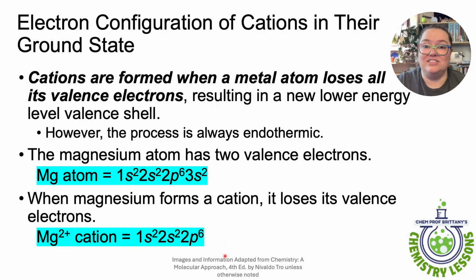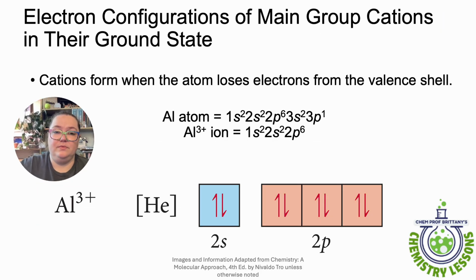Notice our 3s is gone now. All right, so here again, the goal is to get like the nearest noble gas. So for aluminum, there are 3 valence electrons. They would be here, and then we get rid of them. So we drop down to the electron configuration of neon.